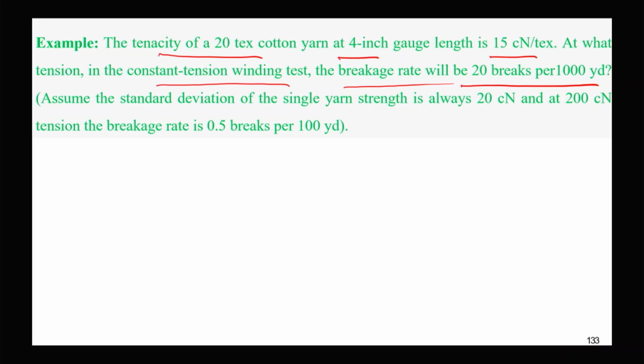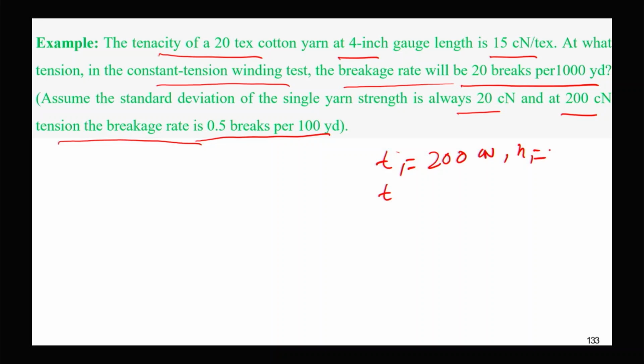Assume the standard deviation of single yarn is 20 percent, and at 200 cN tension the breakage rate is 0.5 breaks per 100 yards. So for 1000 yards, T1 will be 200 cN, so N1 will be 0.5 breaks per 100 yards, that means 5 breaks per 1000 yards.